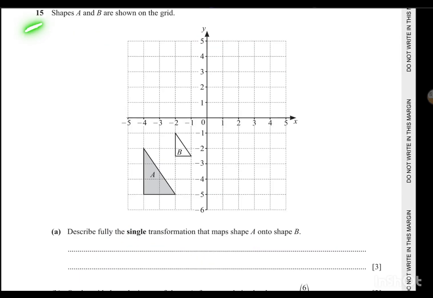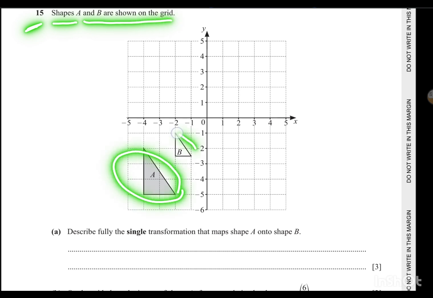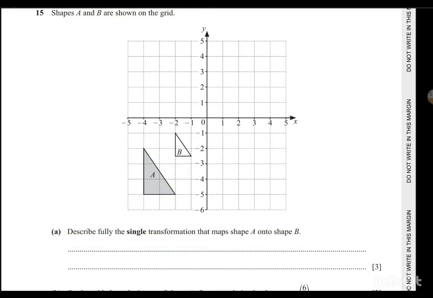Question number 15. Shapes A and B are shown on the grid. This is shape A, this is shape B. Describe fully the single transformation that maps shape A onto shape B. When you see the diagram, you can definitely understand it is an enlargement. When you draw lines touching the vertices and extend them, you get the center of the enlargement.